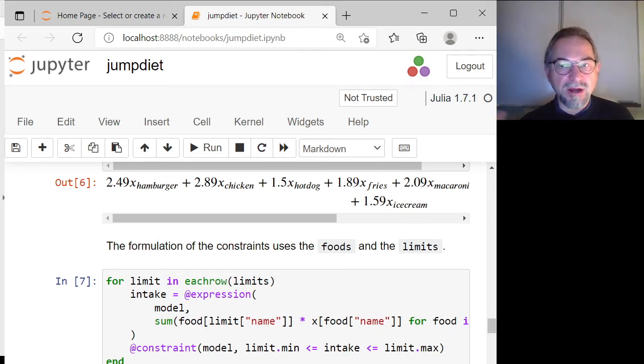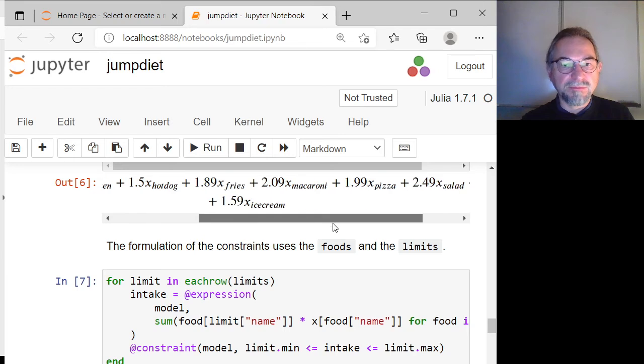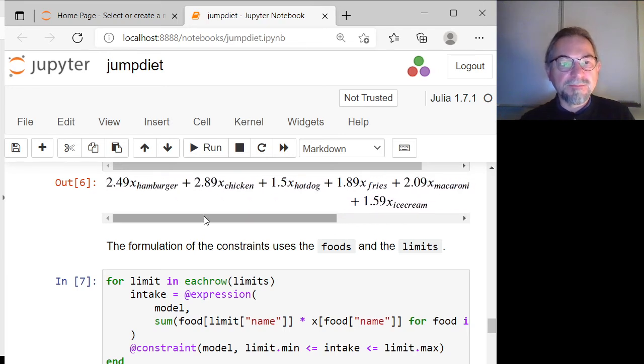So we have 9 unknowns, so we will have 9 columns. So you can also here see them all with the variables. We have 9 columns in the matrix, and we have 4 constraints, because we have 4 requirements.